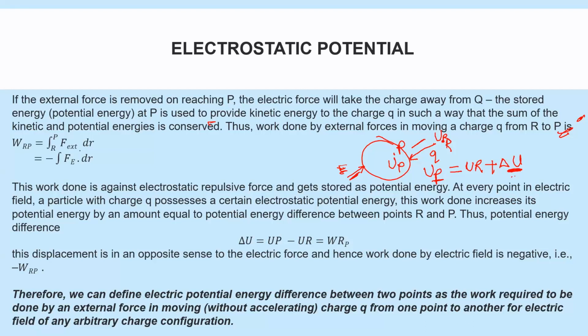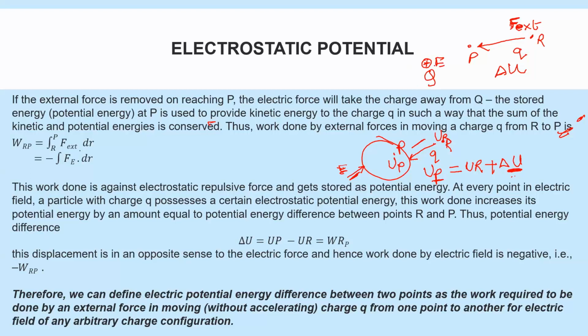So this is your R, this is your P. The ΔU, that is the potential energy difference between points R and P, is the work required to be done by the external force in moving, without accelerating, the charge Q from one point to another in an electric field, for an electric field that is present due to another charge over here.